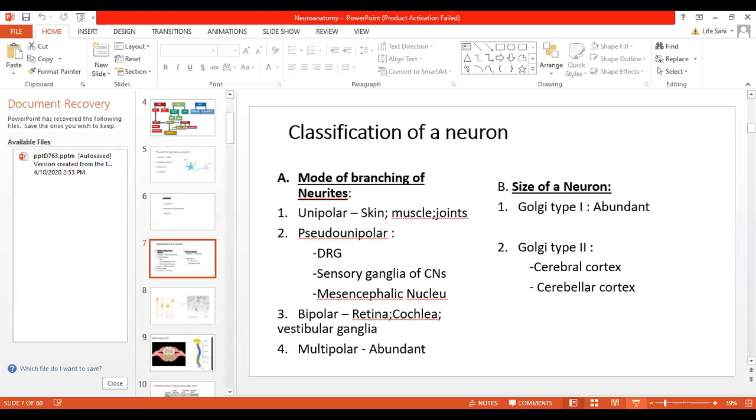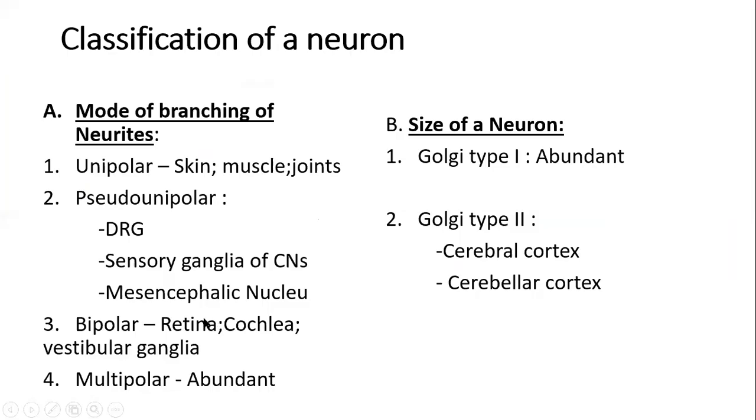So bipolar is commonly found within the retina, cochlea, and vestibular ganglia. We can also say that bipolar neurons are found in association with the special senses, that is eye, retina, and hearing, cochlea, vestibular ganglia, as well as in the olfactory system, that is nose. So the neurons found in relation to the special sensory organs belong to this type, bipolar.